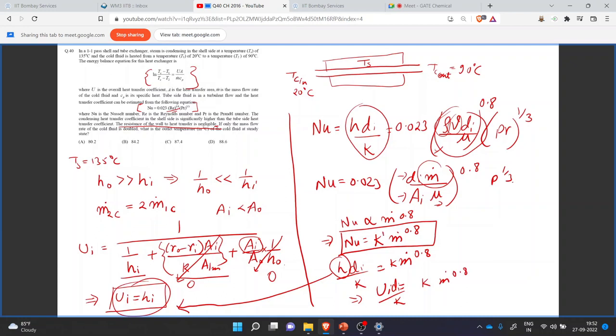Let's call this constant k dash. Here Di is also constant, and the thermal conductivity will also remain constant. So we can write Ui as k double dash times m dot raised to 0.8. That is, our overall heat transfer coefficient is proportional to m dot raised to 0.8.